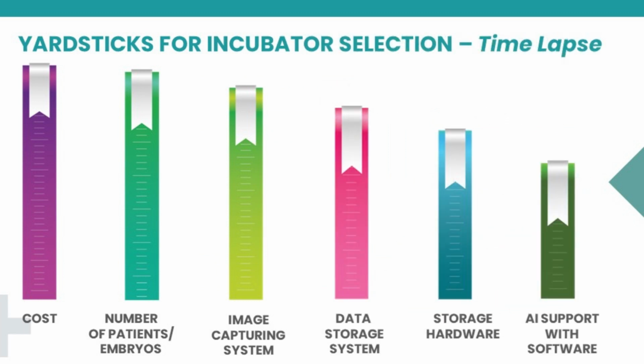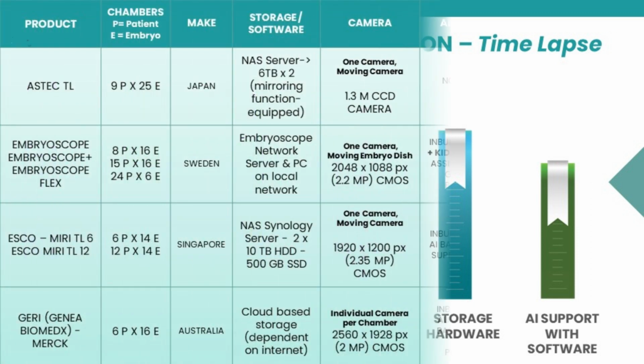So the yardsticks for comparison of a time-lapse incubator would be cost, the paramount one, the number of patients, and more specifically the number of embryos per patient that you can capture images for, the image capturing system, the data storage system, the storage hardware. Actually, the size of the data storage is very important, and the presence of AI support for decision making with the software in the time-lapse system.